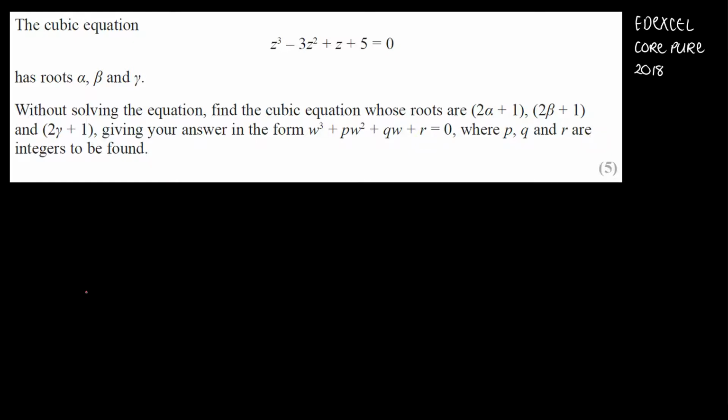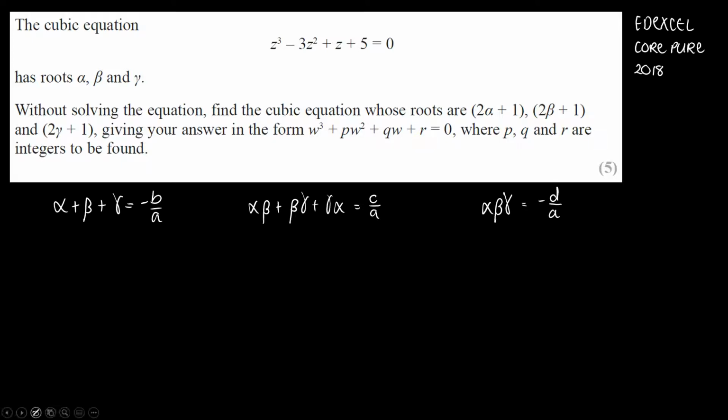So the first thing I do with a problem like this is find out what the original alpha, beta, gamma expressions were. So if you remember, you've got alpha plus beta plus gamma as something that you can figure out. Alpha beta plus beta gamma plus gamma alpha is something you can figure out. And alpha beta gamma as something that you can figure out. Now, the sum of the singles is minus b over a, the sum of the pairs is c over a, and the sum of the triples, of which we've only got 1, is minus d over a.